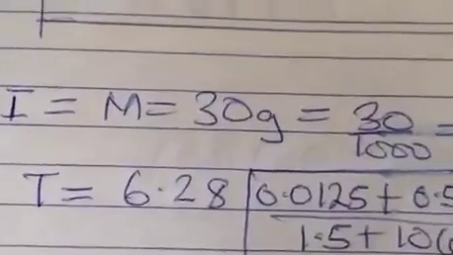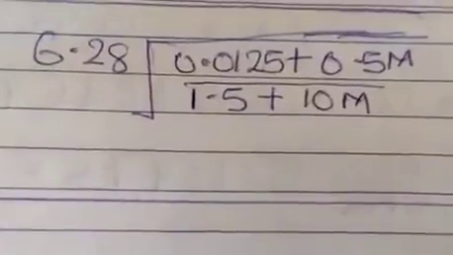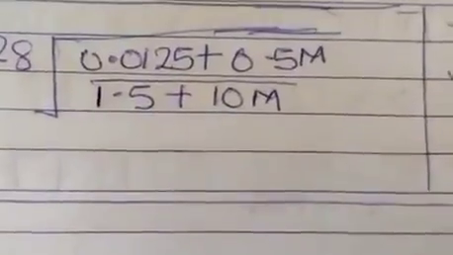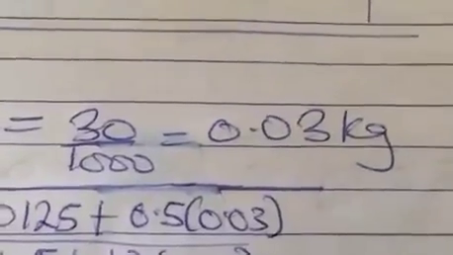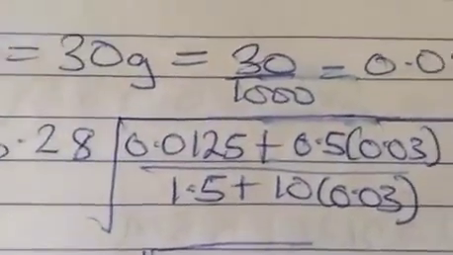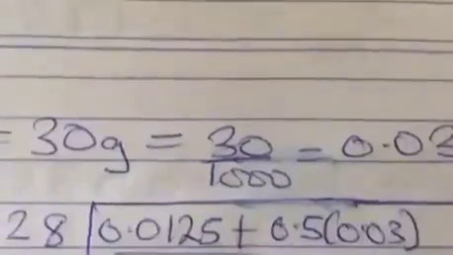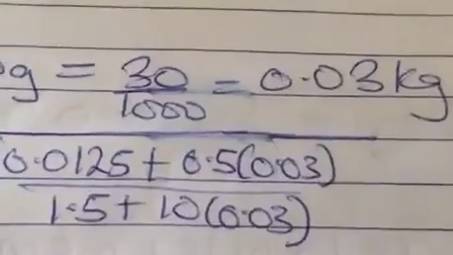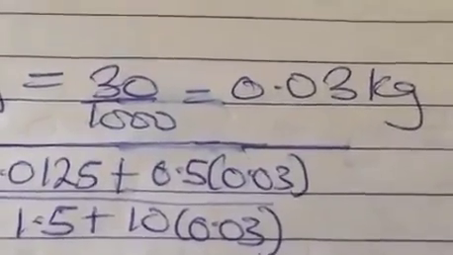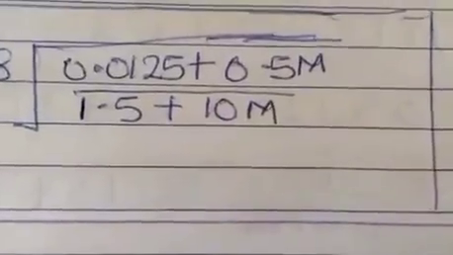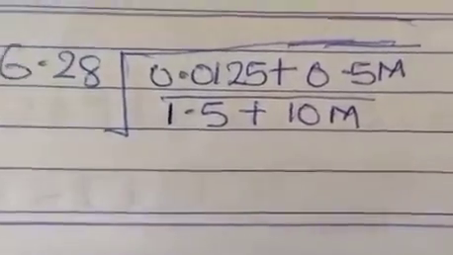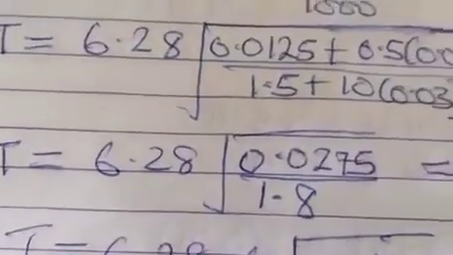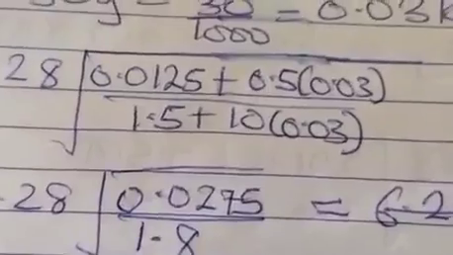So period equals 6.28 times the square root of 0.0125 plus 0.5 multiplied by m, and our m here is 0.03, all over 1.5, which is in the formula, plus 10m, that is 10 times the same 0.03. So all you have to do is replace m with 0.03 in this formula. So we evaluate. We now have 6.28.